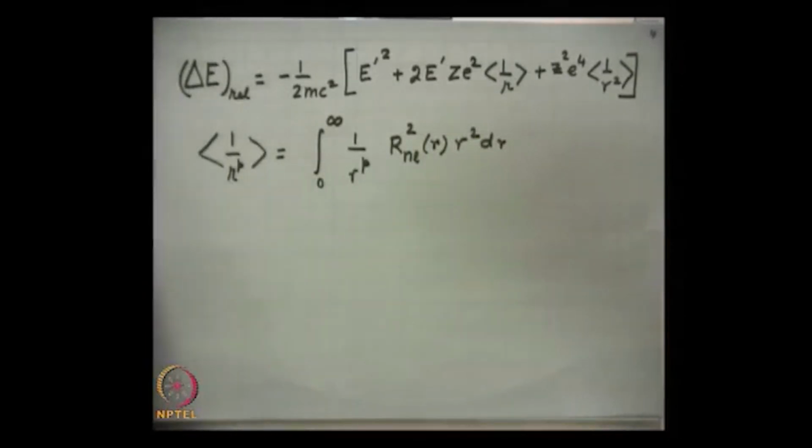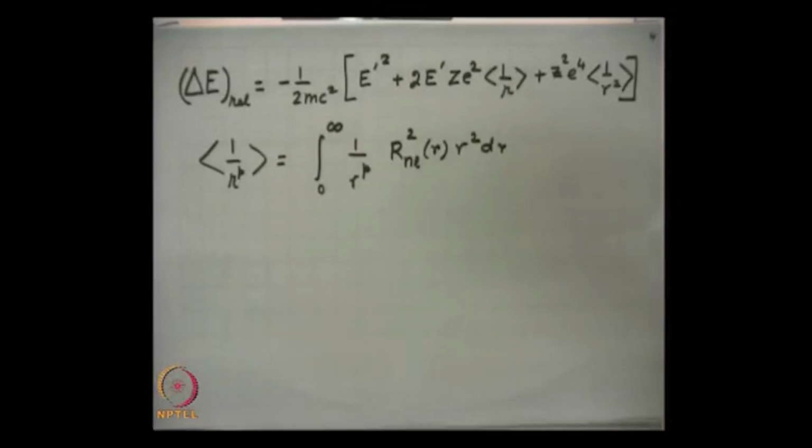Now, it so happens that some time back I had given you the formulae for obtaining R n l of r, the radial part of the hydrogen atom wave functions, and in fact using each one of them I can evaluate this integral. The integration is really very simple.